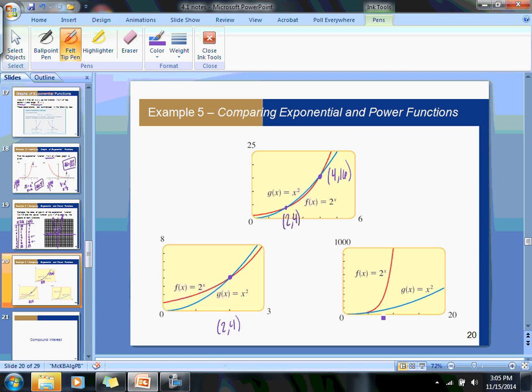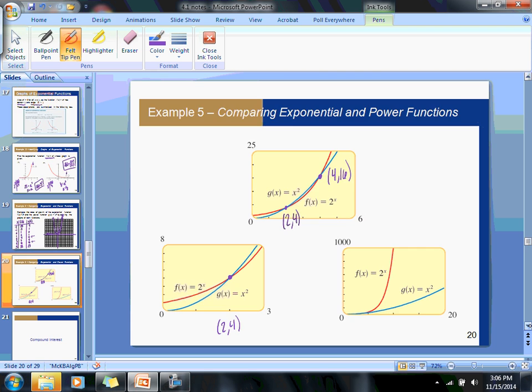And if you zoom way out, you can see that at the beginning, the functions are very close, which is what I was drawing on the previous slide. But if we kept going and enlarged our viewing rectangle, you can see that the exponential function really grows much faster, and this parabolic function is going to be really wide compared to the exponential function that's going to be very steep and narrow.